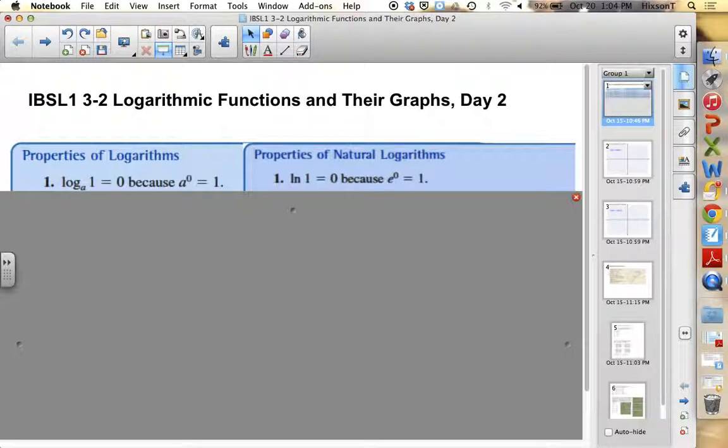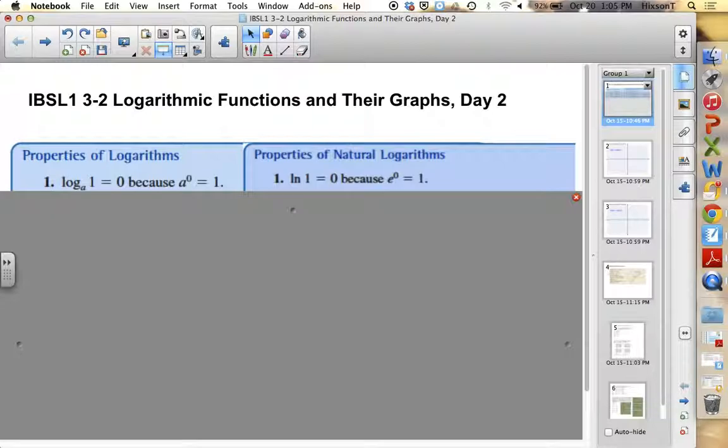Well, anything to the 0 power equals 1. Except for 0, but you can't have a log base 0 anyway, so that doesn't matter here. And that also applies for e. e to the 0 equals 1, so the natural log of 1 is 0. So that's our first property. If you have a log base anything of 1, it's always going to equal 0.